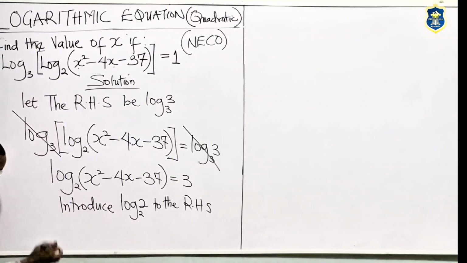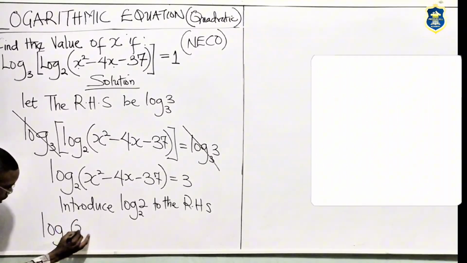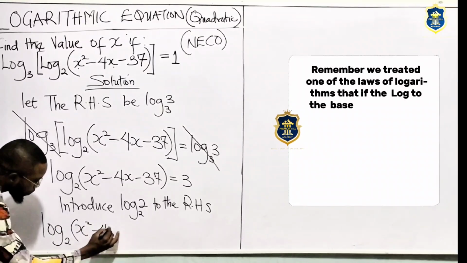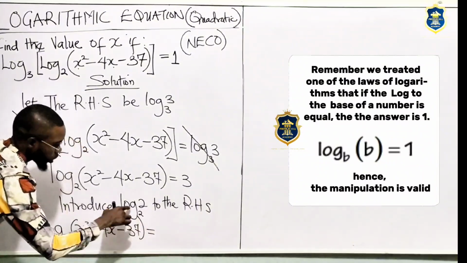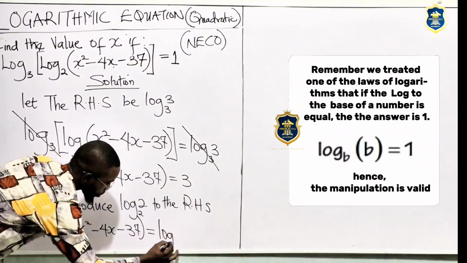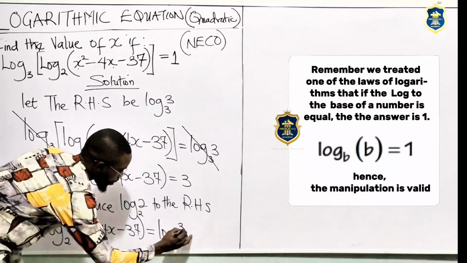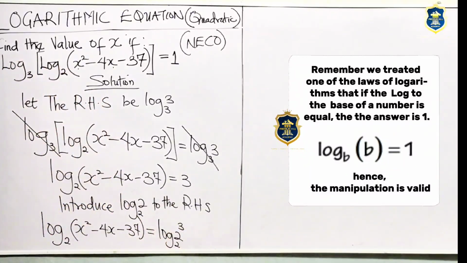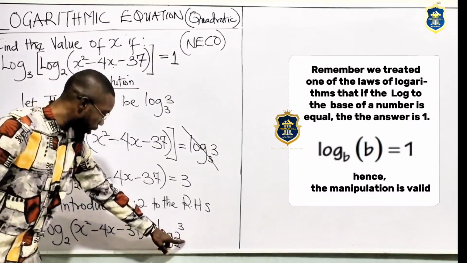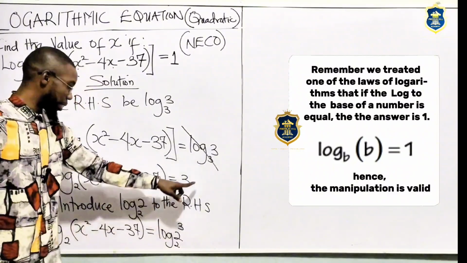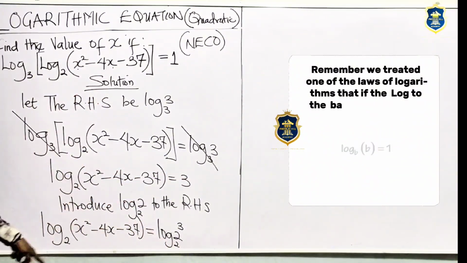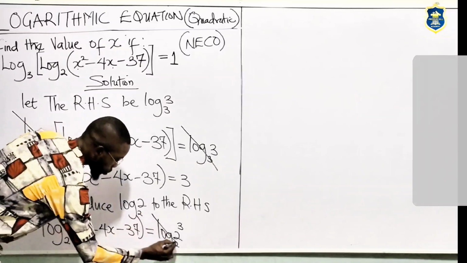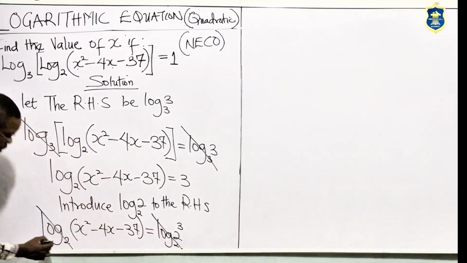By doing that, we're going to have log to the base 2 of x squared minus 4x minus 37 equal to what? Introducing this log to the base 2 of 2 raised to the power of 3. Why are we introducing that? Log to its own base is equal to 1. We'll be left with 3, which is 3 here. We're introducing this so that this log to base 2 will cancel out this log to base 2. In doing that, log to the base 2 will take off log to the base 2.